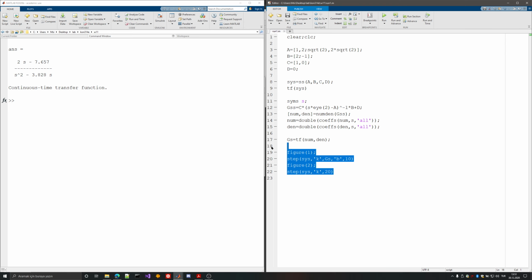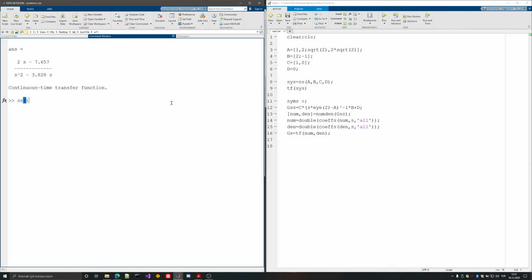Let's get rid of this here. Now, I am not sure, but I should be able to pass also the transfer function itself back to the state space realization, and it gives me immediately a first order system, which is basically an integrator with gain 2.